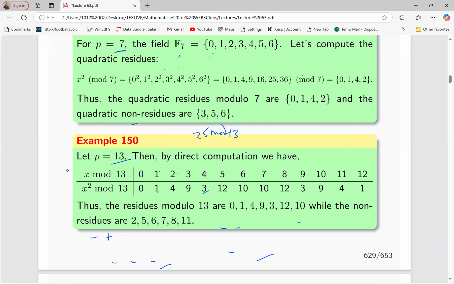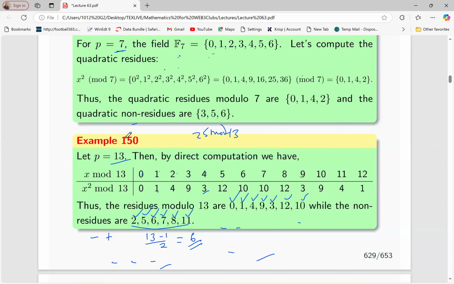The quadratic residues will be 13 minus 1 divided by 2, and this is 12 divided by 2, which is 6. There are 6 of them. Then you add the 0. So 1, 2, 3, 4, 5, 6, then 0. But these others will just be 6.